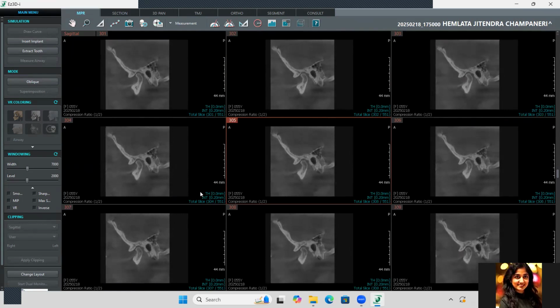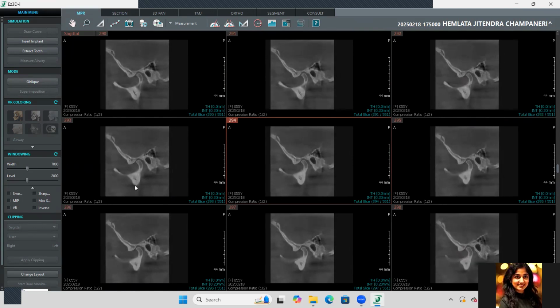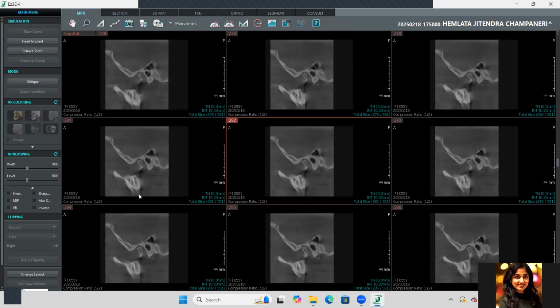You can definitely see flattening and thinning of the superior border of the mandibular condyle, as well as sharpened anterior region of this condyle, and yes, reduced interarticular space. I will show you the other side as well.